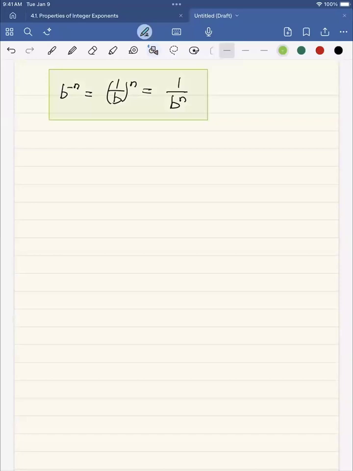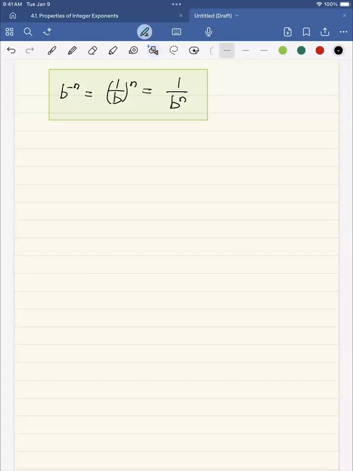The next property is b to the negative n power is 1 over b to the n power. All of them are the same.